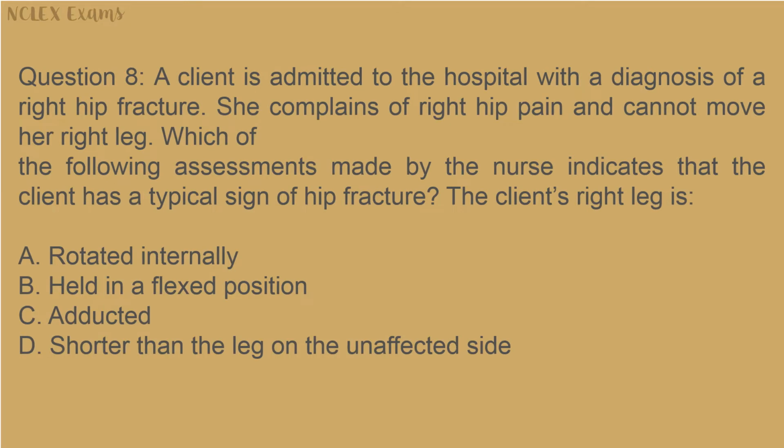Question 8. A client is admitted to the hospital with a diagnosis of a right hip fracture. She complains of right hip pain and cannot move her right leg. Which of the following assessments made by the nurse indicates that the client has a typical sign of hip fracture? The client's right leg is: A. Rotated internally.